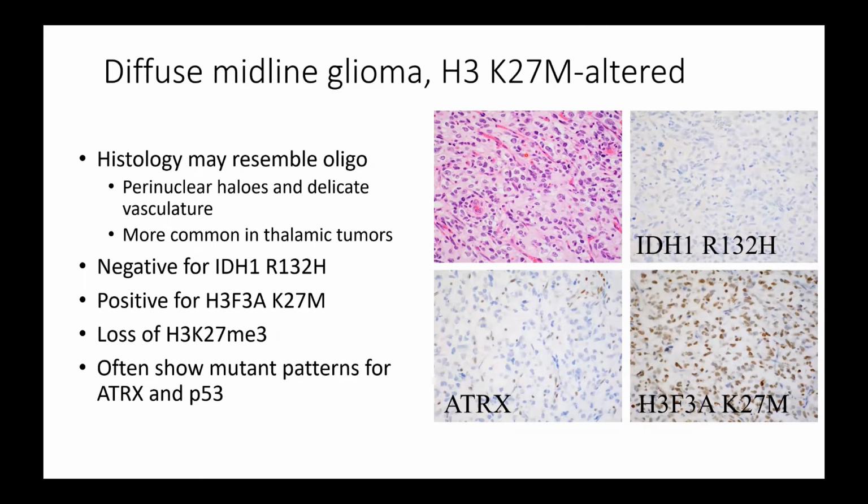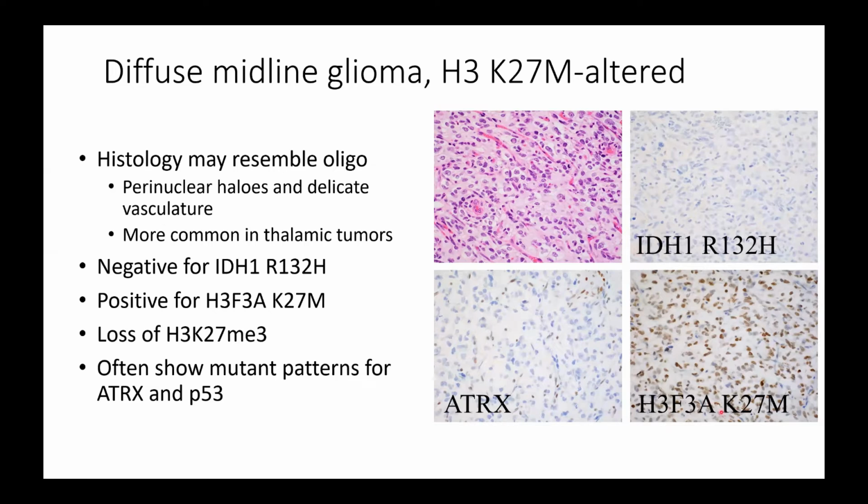So if you have a tumor that is similar to an oligo in the thalamus or basal ganglia, please think of this entity. IDH will be negative. The ATRX will be lost, and if one has the K27M mutation-specific antibody, it'll show nice nuclear positivity in those tumor cells.